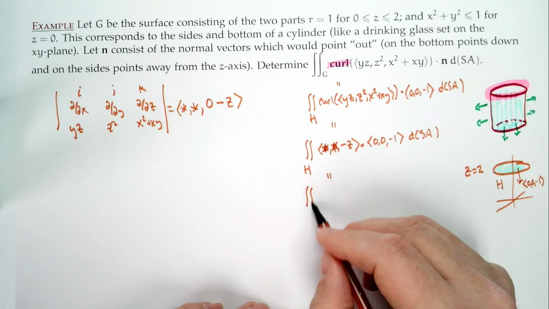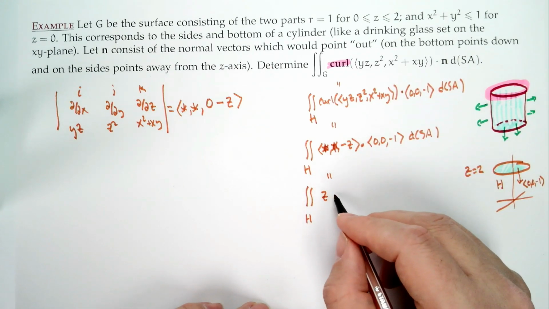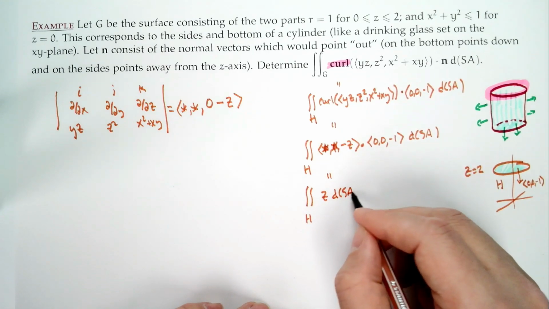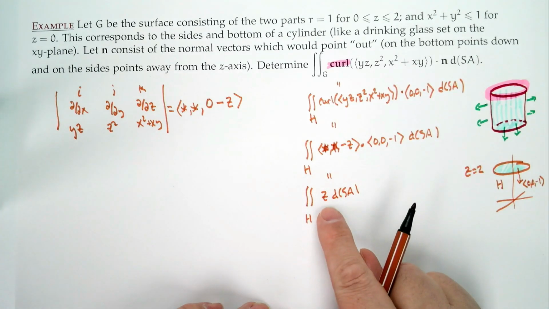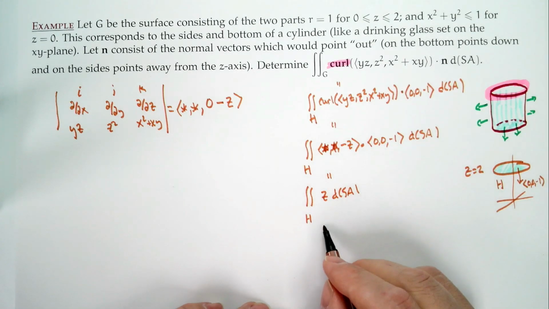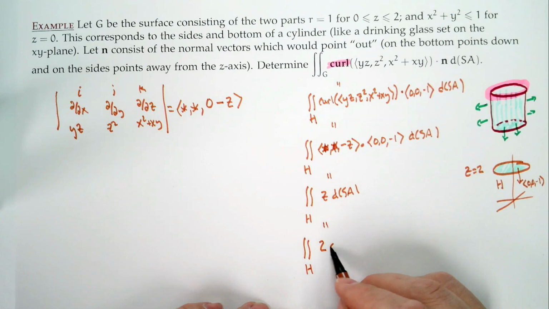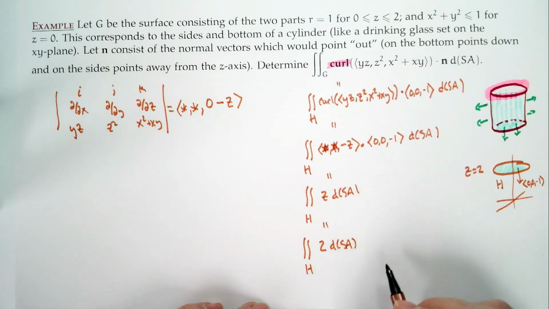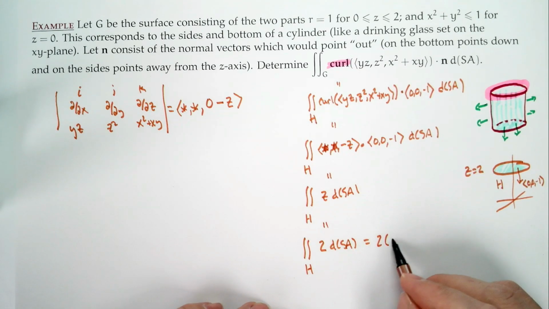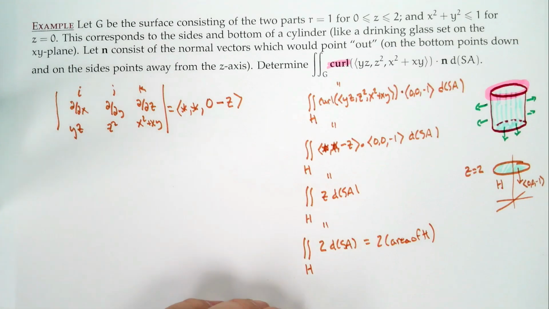If you do that out, that becomes the integral along H of z. Now here you say, well, what's true about z? This is the surface where z equals 2. So this is really the integral along our surface of 2. Oh, well, you pull the 2 out, and what you get is that this is 2 times the area of H, because you're just integrating dS.